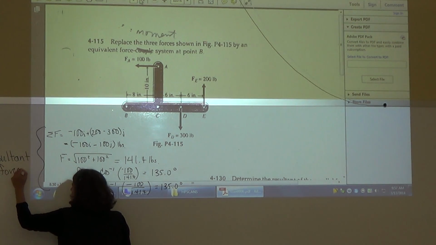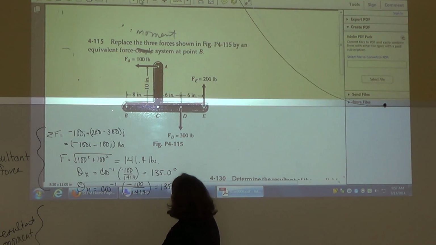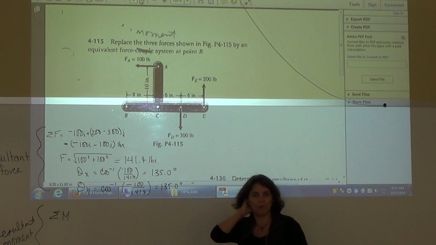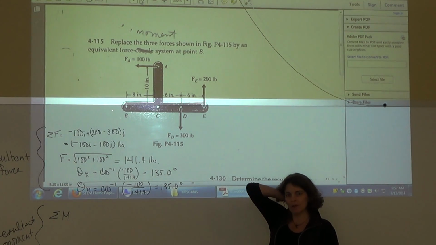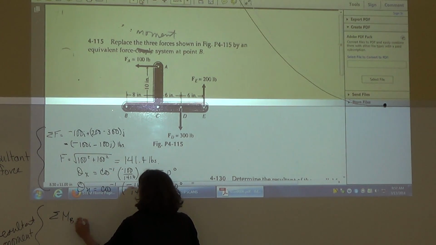force. And now we're looking at the resultant moment. So some of the moments, what do I want to find the moments about? What point? C. So Armando? B. Right, because that's what they asked us for, right?